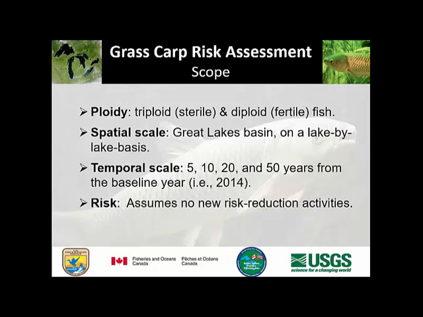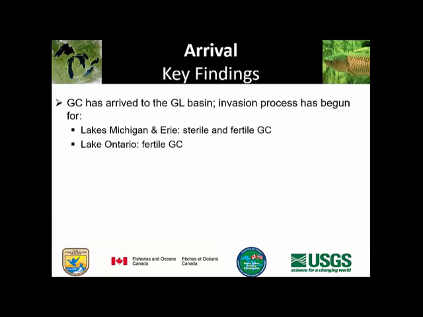Think about risks out on timescales of 5, 10, 20, and 50 years from a point certain, which for us was 2014. That was our baseline of information. An important caveat: when we talk about risk here, that's assuming no new risk management activities by agencies into the future. That's how we get this risk 5, 10, 20, or 50 years into the future.